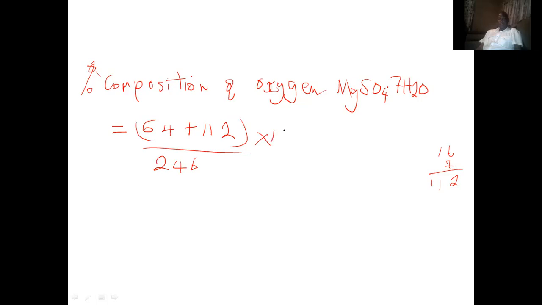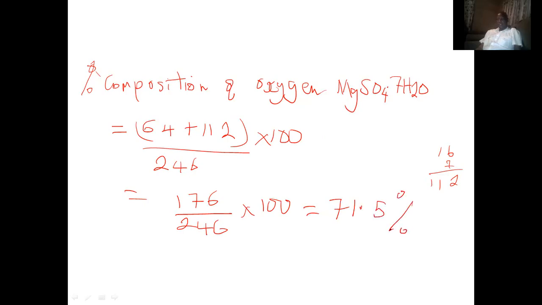And then the whole of this we multiply by 100, which gives us 176 divided by 246 multiplied by 100, which gives us 71.5%.